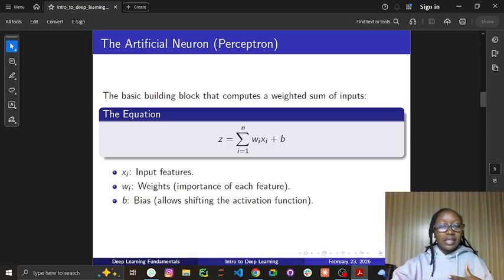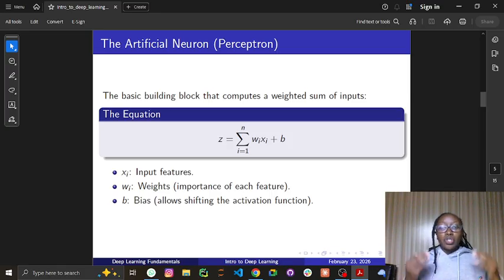Let me give you a little history. In the 1950s, there was a computer scientist called Frank Rosenblatt, who looked into the biological neuron and tried to digitize it.